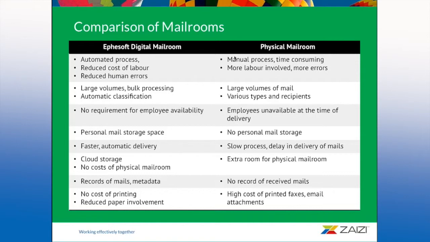Automatic classification is carried out once Ephesoft learns the different types of documents. There is no requirement for employee availability in the organization when you distribute your mails, because you have a personal mail portal where you can go and review your mails at any time, and also you will receive an email notification to your personal mailbox.